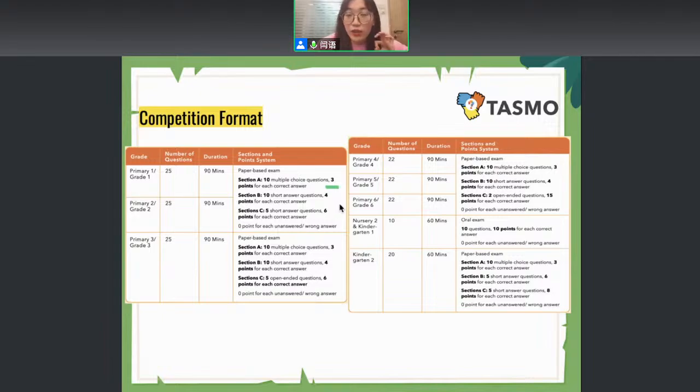Okay, if you answer the question wrongly, no point will be deducted. 我们不会减分，但是注意啊，Section A 的话是3分一道题, and for Section B again there are 10 short answer questions and 4 points for each correct answer. B 部分是每道题4分，OK，每道题4分。And for section C, we only have 5 short answer questions, and that is 6 points for each correct answer. 每道题6分。0 point for each unanswered or wrong answer.